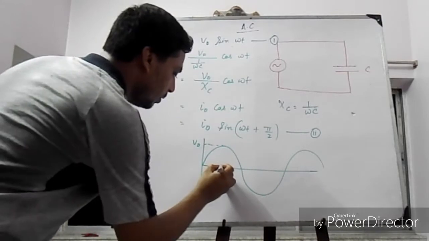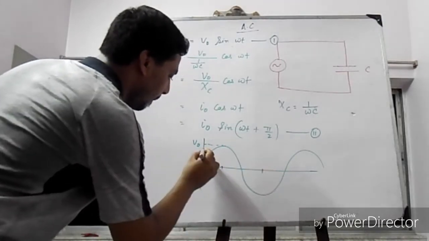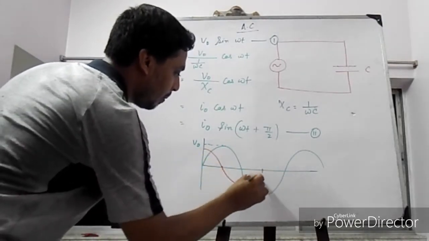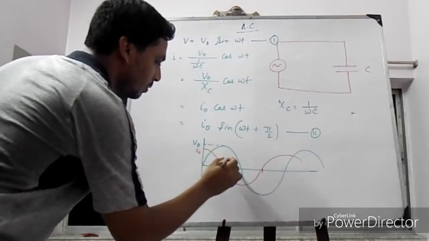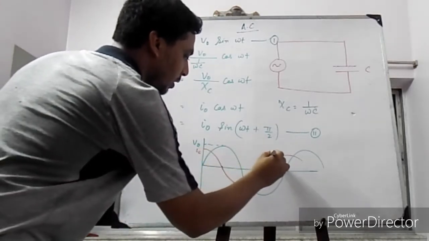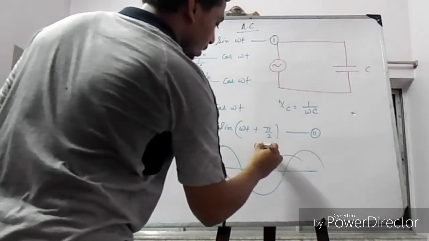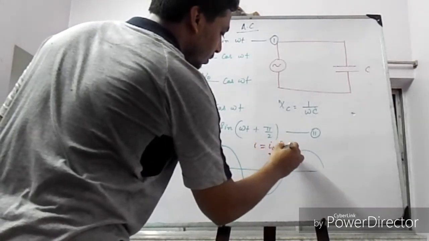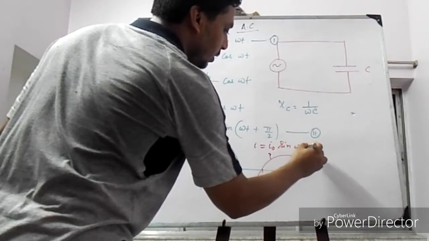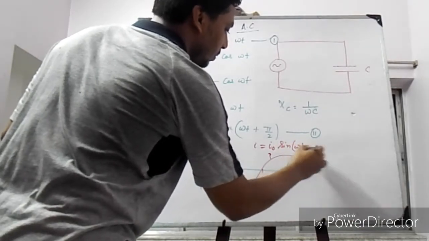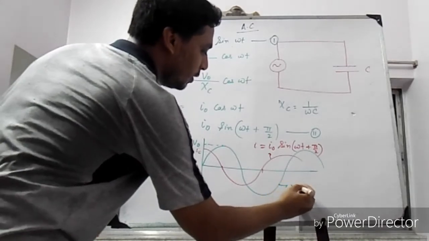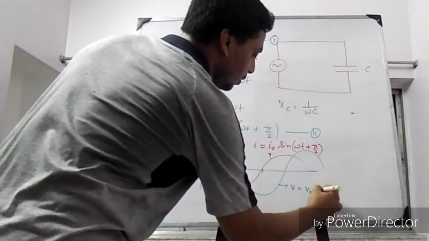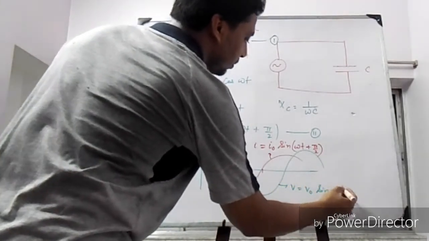Then current is given by I equal to I0 sine omega t plus pi by 2, and this is the voltage V equal to V0 sine omega t.